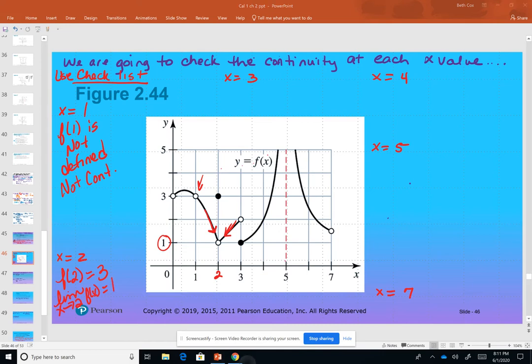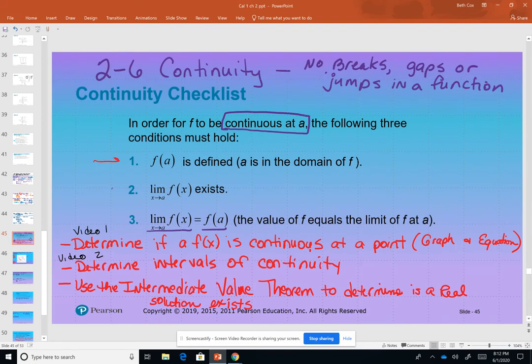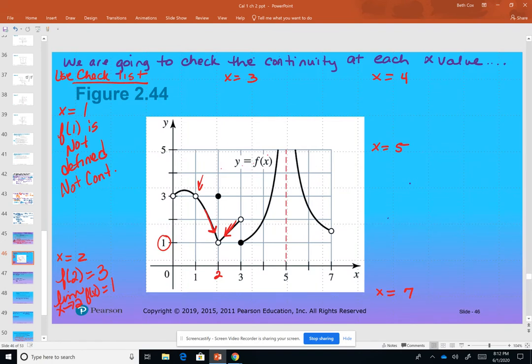So this one is not continuous because they're not the same. Let's look back. First, it's got to be defined. The limit's got to exist. And then those 2 values have to be the same. So, not continuous at 2. We can see that it's got a gap right there.